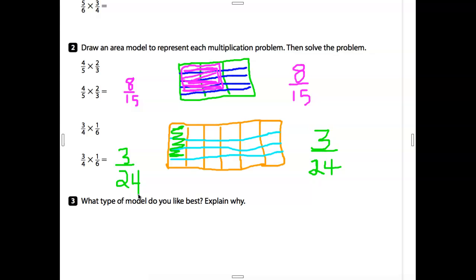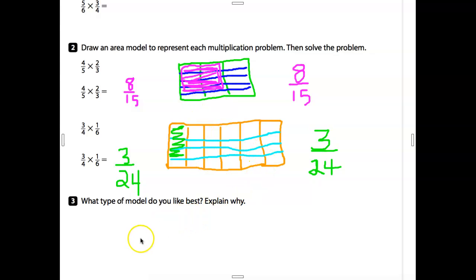And then also, most of the rest of the time, you're just going to be doing the multiplication. All right, so down here in number 3, it says, what type of model do you like best? So we did a number line model, and then we did these area model boxes.